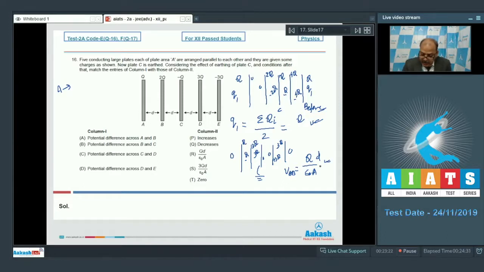So A corresponds to P, and in terms of value it matches with R, so A matches with P and R. Let's look at B now.